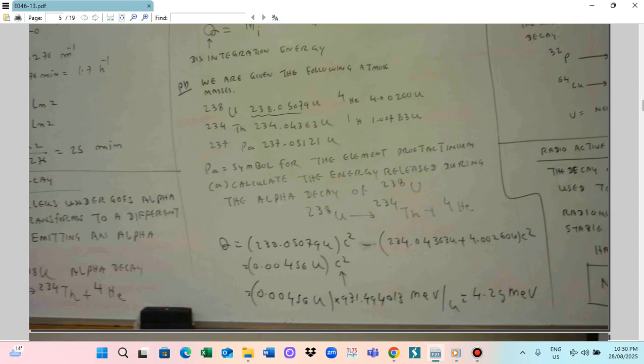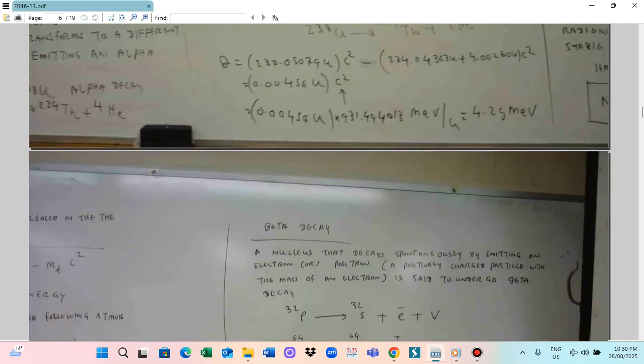By solving this one, we get 4.25 mega electron volt. Therefore, when uranium 238 is decaying, it can release the energy 4.25 mega electron volt. This is the energy released by the nucleus when decaying.